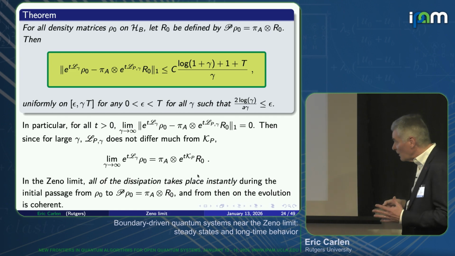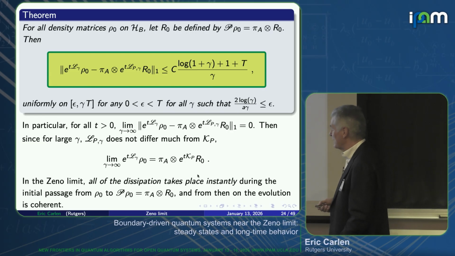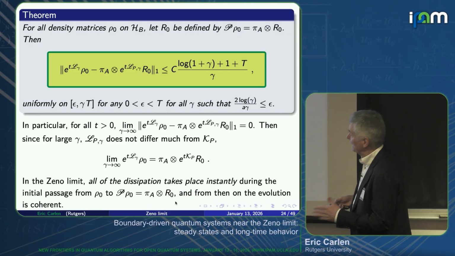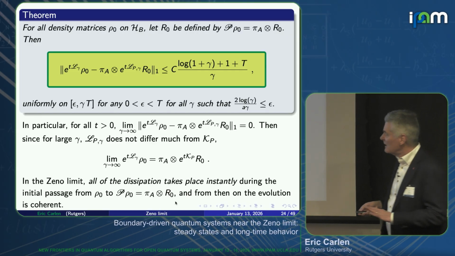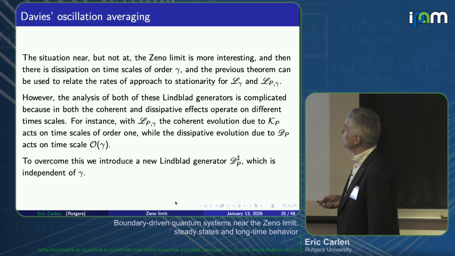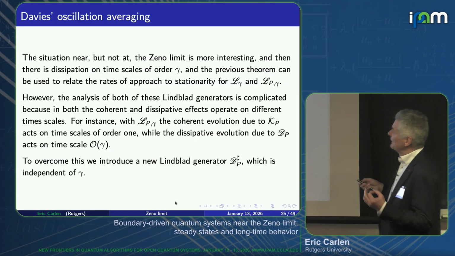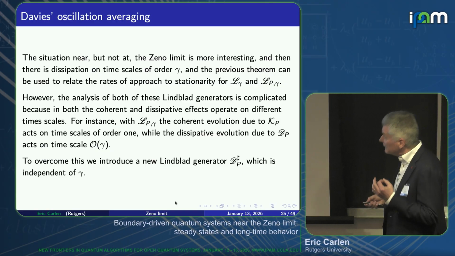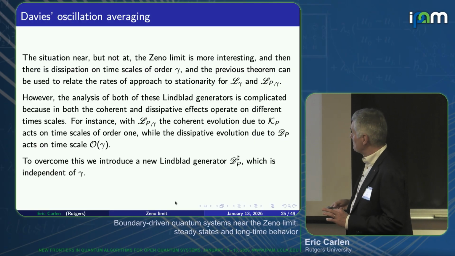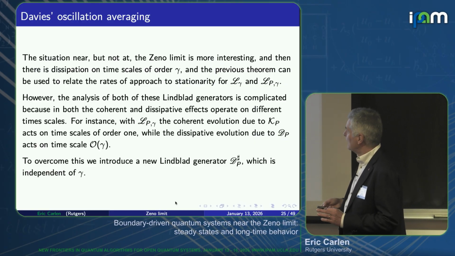So in the Zeno limit, all of the dissipation takes place instantaneously during the initial passage from rho naught to pi a tensor r naught, and from then on the evolution is coherent. Okay, so in the Zeno limit, the stuff is kind of trivial, but what we're interested in here is understanding the situation near the Zeno limit and not actually at the Zeno limit, and then there's more to say, okay?